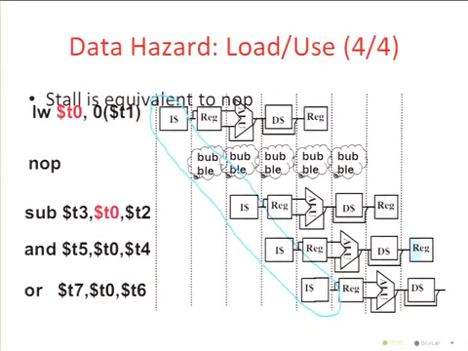Okay, so where are the checks? There's a couple of answers to that. One is, for a lot of these things like forwarding, you don't actually need a check. You just need to make sure that the control bits get set correctly. That will just happen in the wiring. When we build our control logic, that's going to make sure that those control bits get set. So there's no checking there.